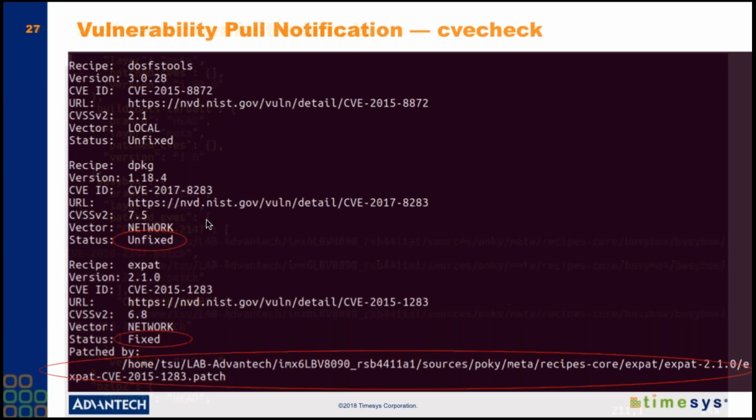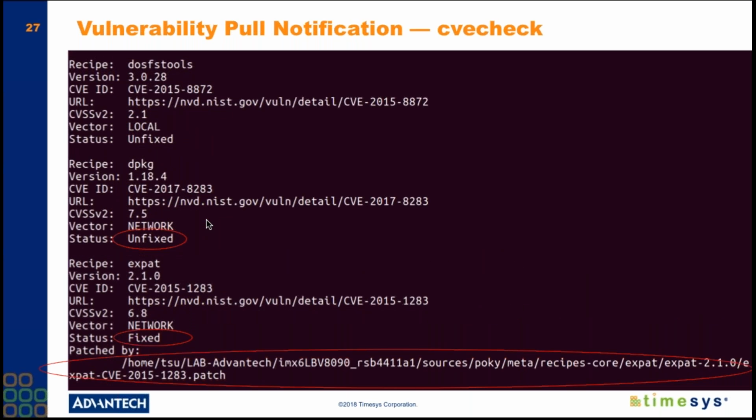And the CVE check, the information about security when it returns, provides this type of information. So for a package like expat, you can see that there is a CVE reported, 2015-1283. It's in a state fixed, and here is the patch that has been applied.